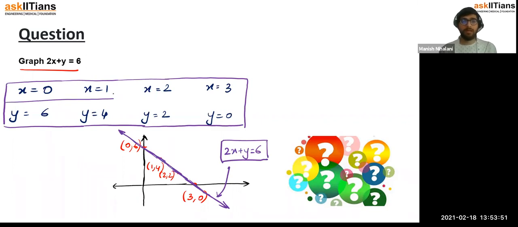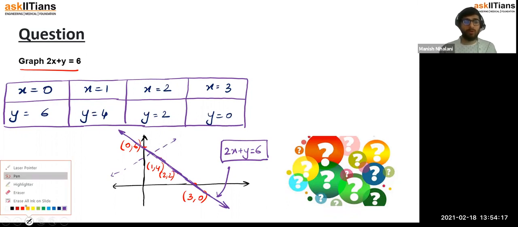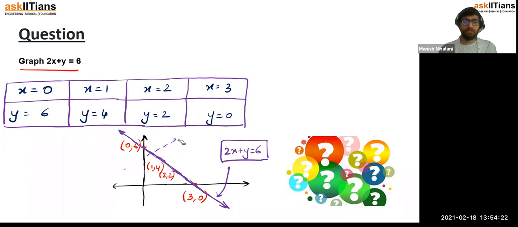I hope you all are understanding now easily, right? Because the points are the solutions, so solutions for a linear equation means the points. Now if we had one more equation with this, तो हम उसका भी ग्राफ बनाते थे, and it would have one solution because it would have one point of intersection, and that would be the solution, right?